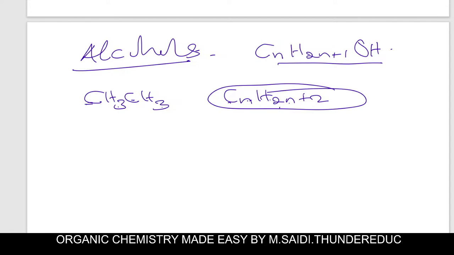All right, let me show you how the alcohol came from the alkane, and hence the general formula. I don't need to cram these things. You just need to understand.